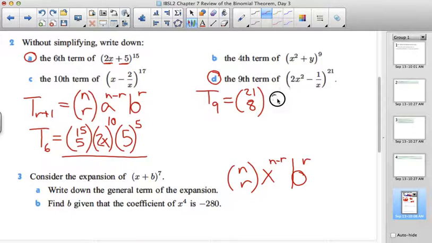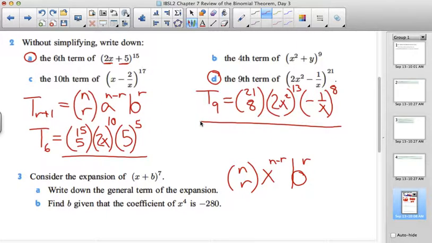And then we have a, which is 2x squared. We have b, which is 1 over x. The 1 over x is going to be to the r power, which in this case is 8. Again, 1 less than the term number. And then 21 minus 8 is 13, so that's going to be the power that 2x squared is raised to. And that would be our final answer for D.